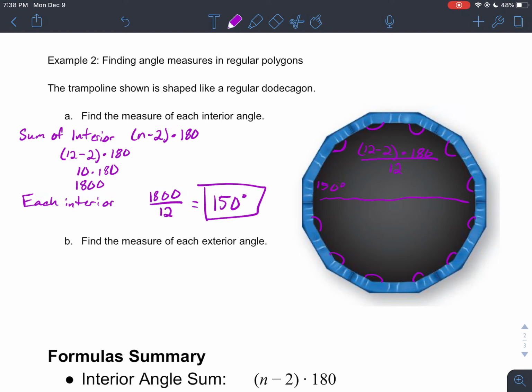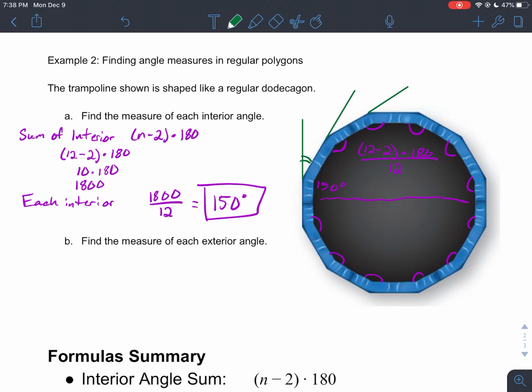All the way around. On part B, it's asking us to find the measure of each exterior angle. So if I have this interior angle and I extend them, I'm looking for this angle measurement, okay?